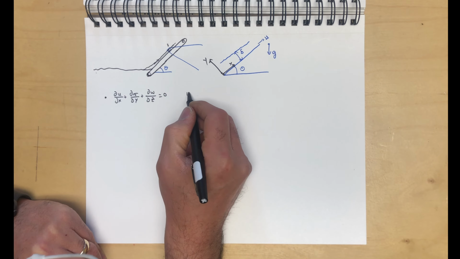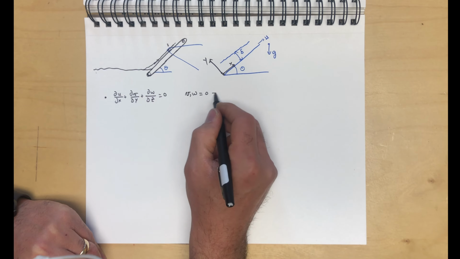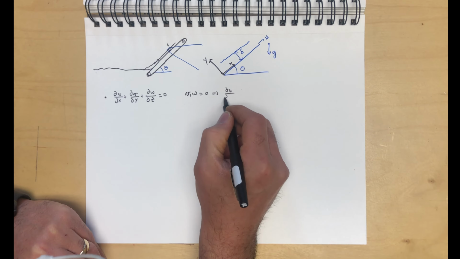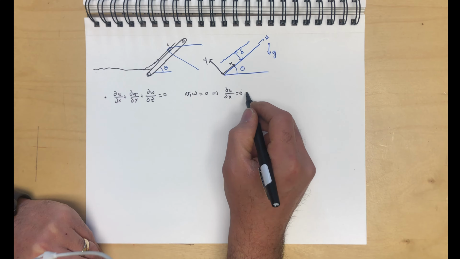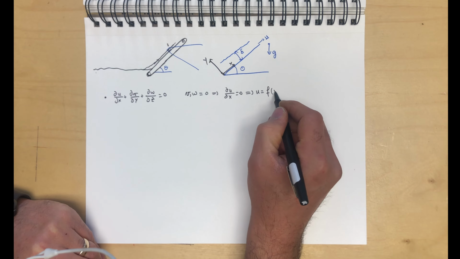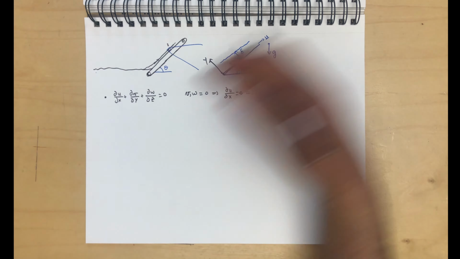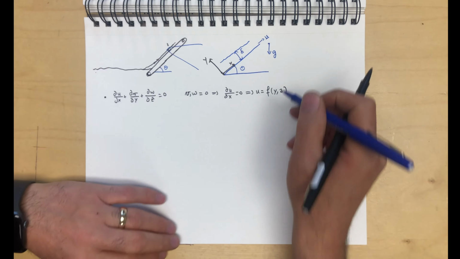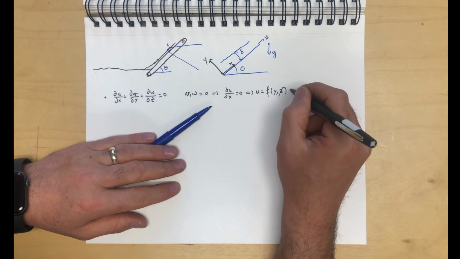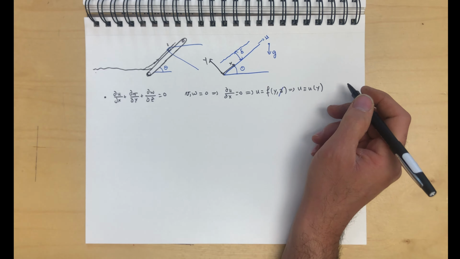Since we assumed that v and w equal 0, this implies that du/dx is equal to 0, and this implies that u is a function of y and z. But since there's nothing going on in the z direction, we're going to neglect this term so that u is only a function of y, as expected.